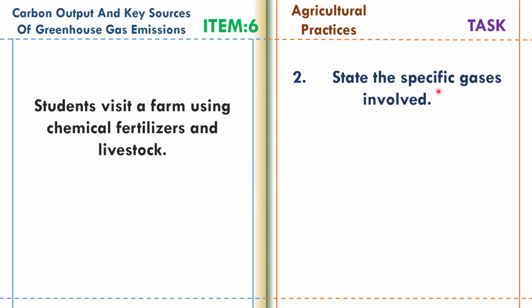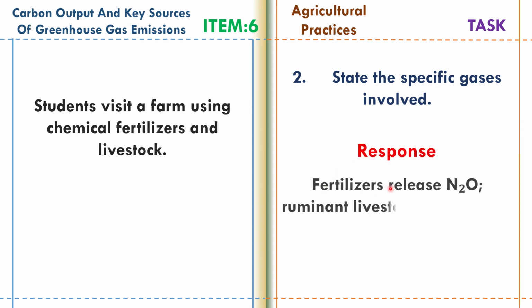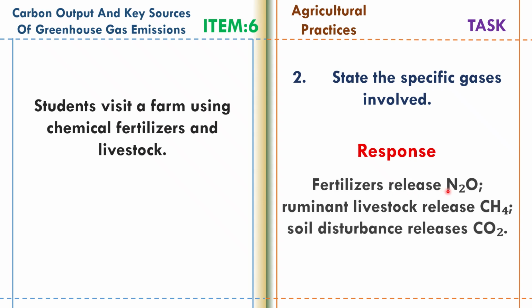State the specific gases involved. Fertilizers release dinitrogen oxide. Ruminant livestock release methane. Soil disturbance releases carbon dioxide.